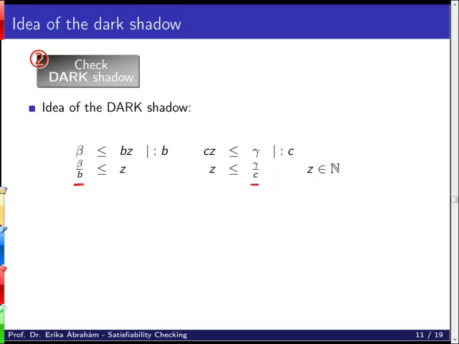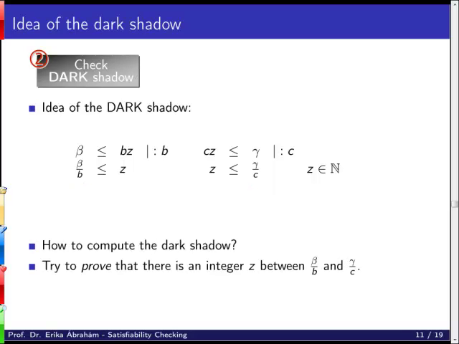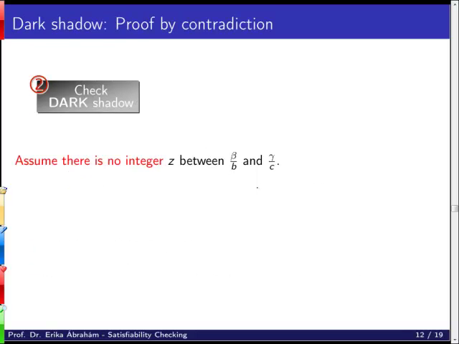And now we make an assumption. We would like to prove that there is an integer between this lower and upper bound. And to prove it, first we start from the other statement, namely assume that there is no integer between these two bounds.